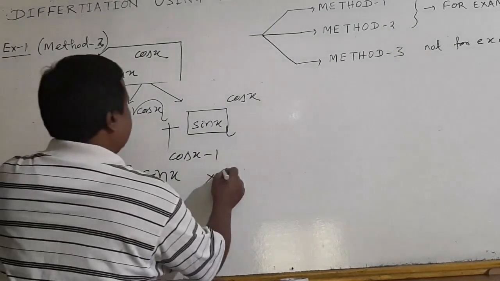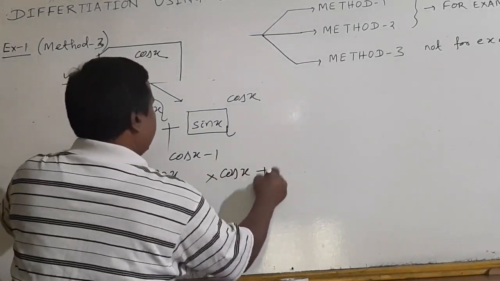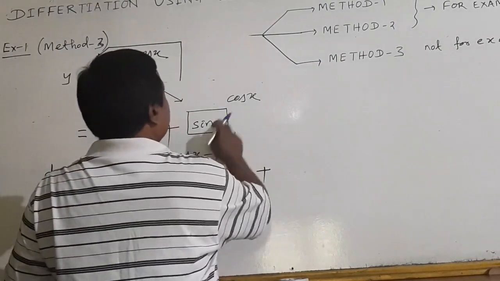Here n is cos x. So it is n into sin x to the power cos x minus 1 into derivative of sin x. Derivative of sin x is what? Cos x.